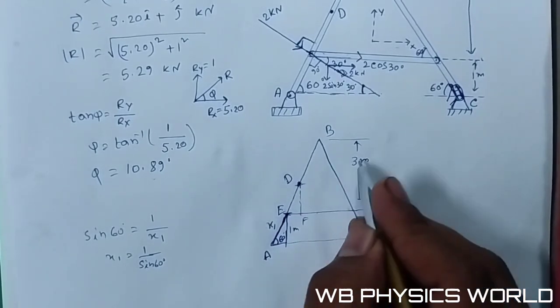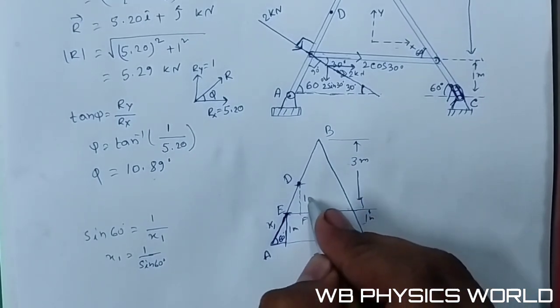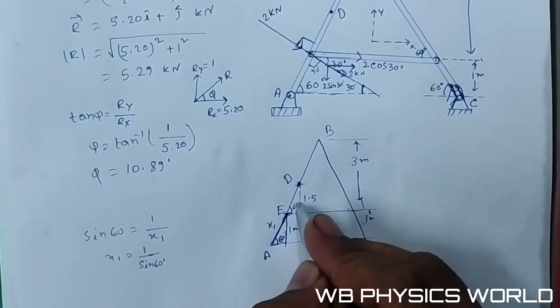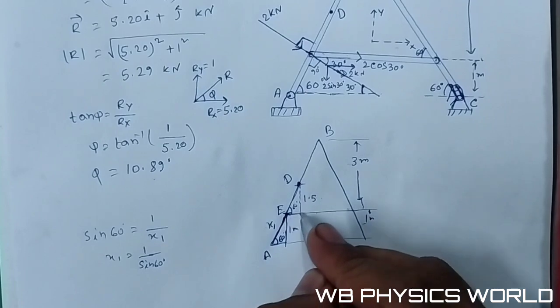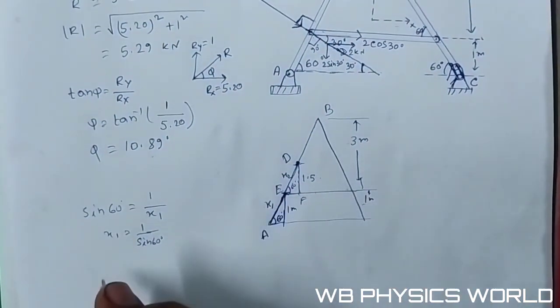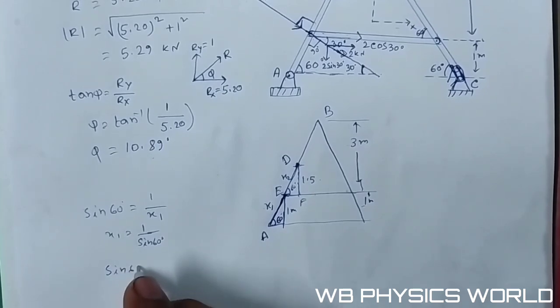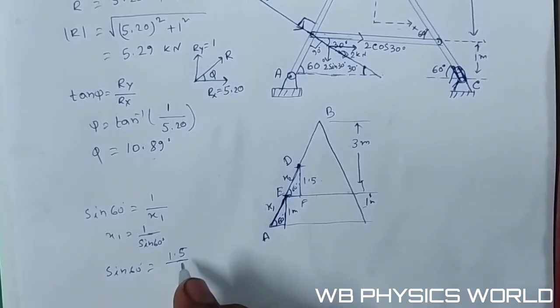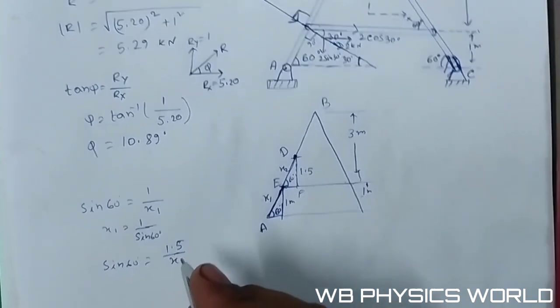From this point, let's say D, E, we draw a triangle F. This is a total of 3 meter, so this is 1.5, and the angle is 60 degrees. From this triangle, and this is x2, sin 60 is equal to 1.5 by x2.